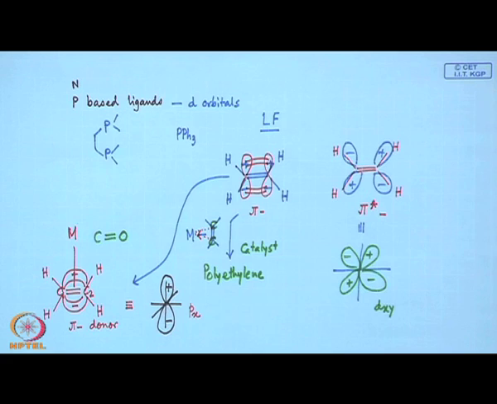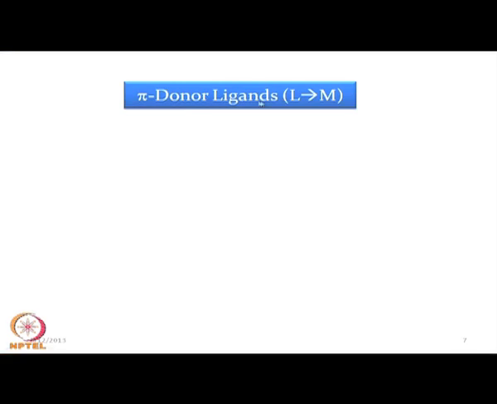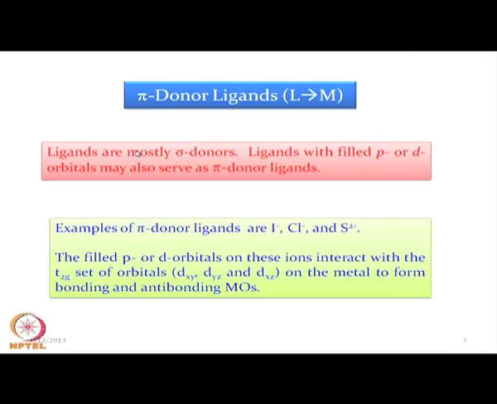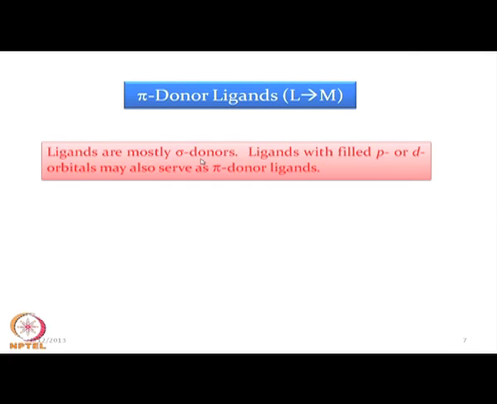So, if we go for the pi donor ligand system, that means the pi type electron density is available from the ligand side to donate to the metal orbital, which should be vacant. Most ligands are sigma donors, but we can consider some other ligands as pi donor ligands.